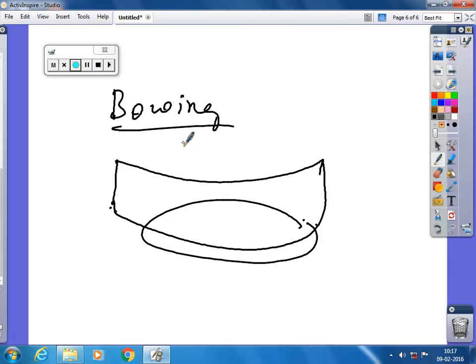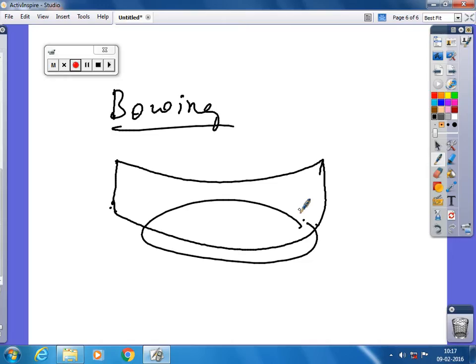When the warping takes place in the form of sagging from one end to the other end along the longitudinal direction.